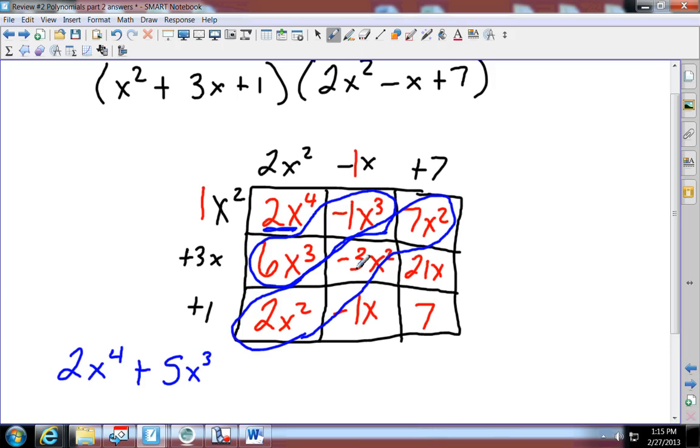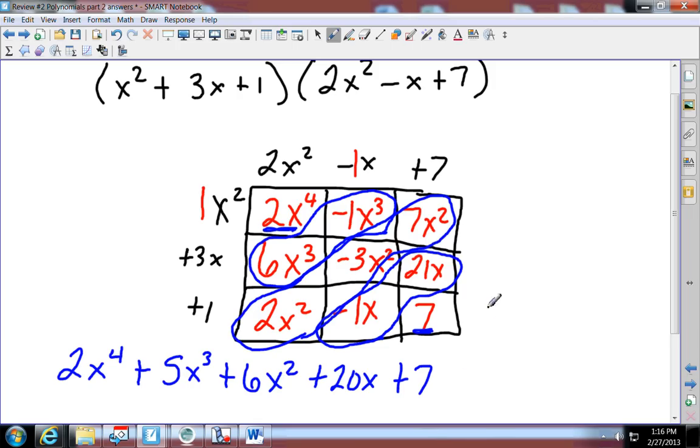I have 7 minus 3, which is 4. And then 4 plus 2, so it's 6x squared. Then I have my x's. 21x minus 1x plus 20x. There's no other numbers by itself, so it's plus 7.